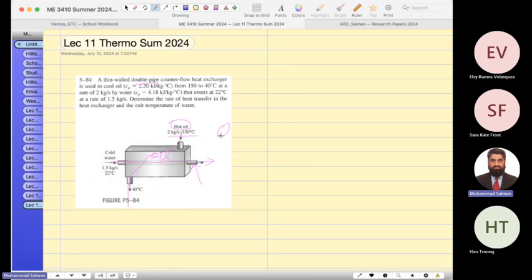Heat loss from oil equals heat gained by water.